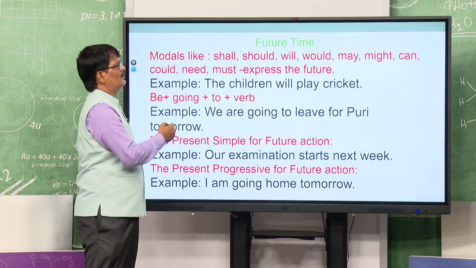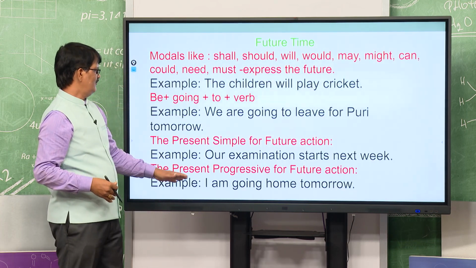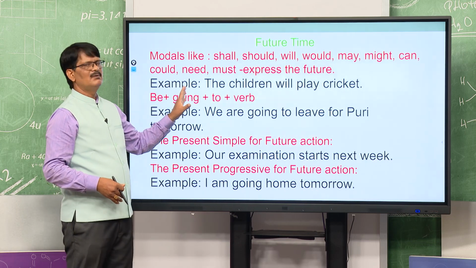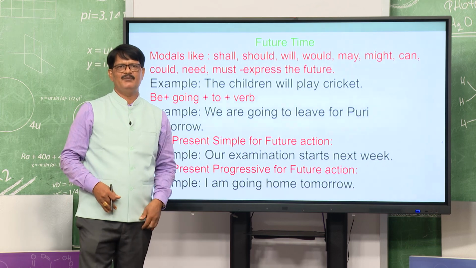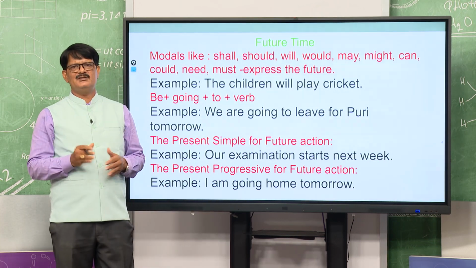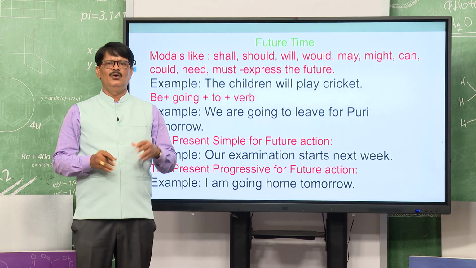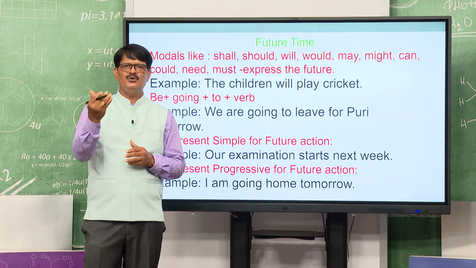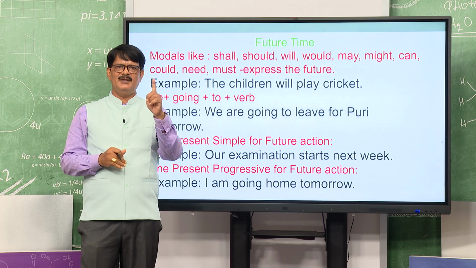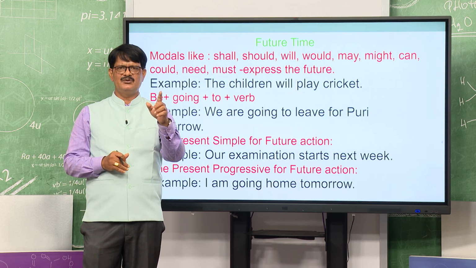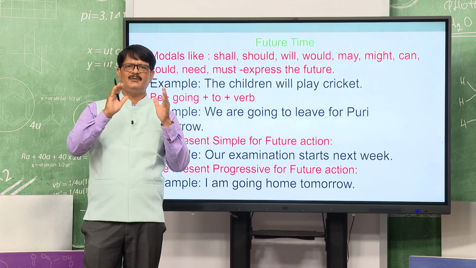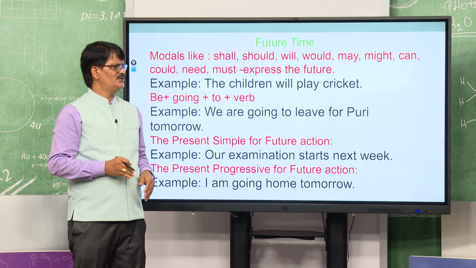Then most important, that is your future time. We will discuss the future time, then it will be over. You see, the future time is very important, because we do not have a future tense. We have only present tense and past tense. We have only the future time. Which verb goes with the future time we will discuss here.